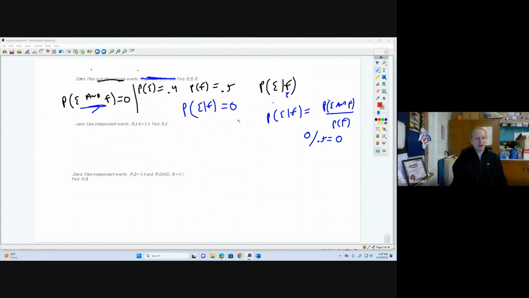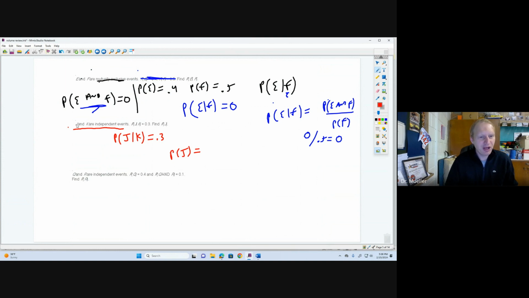It says J and K are independent events. We know that the probability of J given K is equal to 0.3. What's the probability of J? Again, we have to know the definition of independent events. That means that one event does not have any influence on the other event.